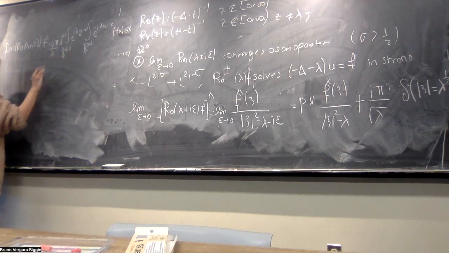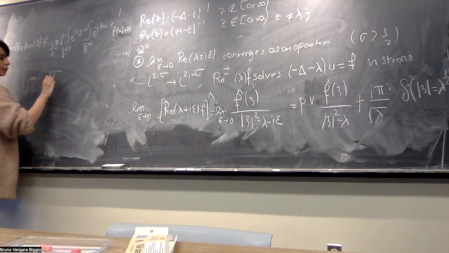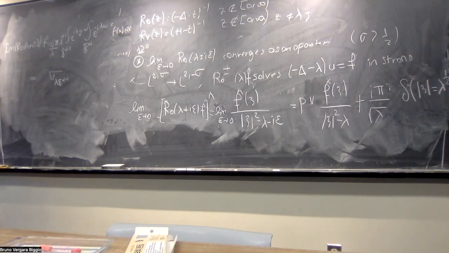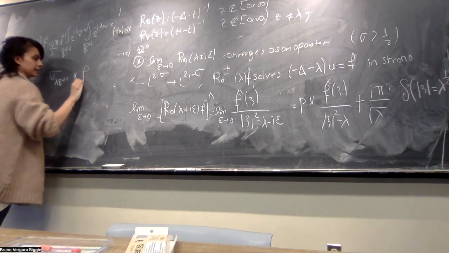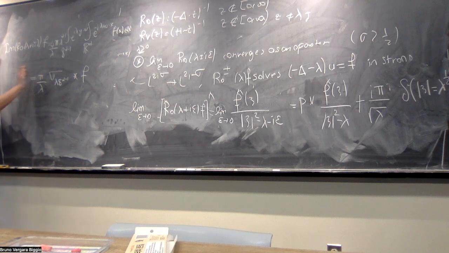Now you see, what is this? This is actually nothing but the surface measure of the sphere with radius lambda convolving with f and divided by pi over lambda with some constant.